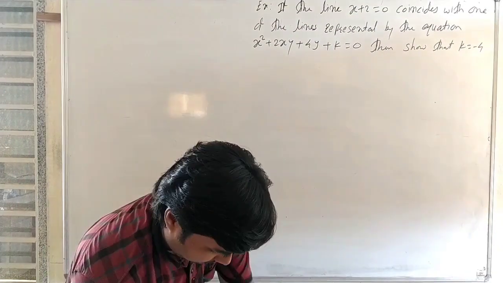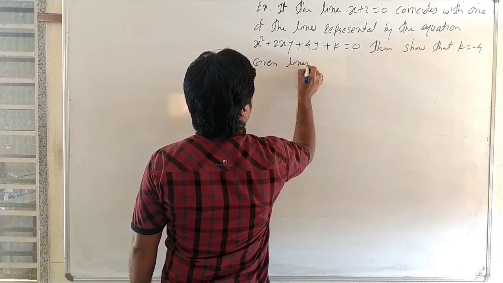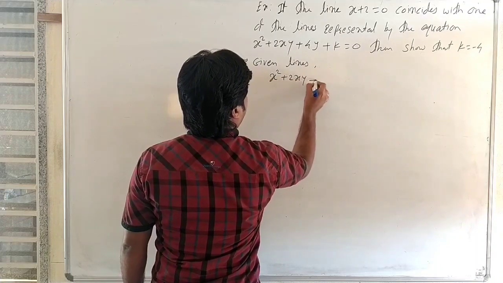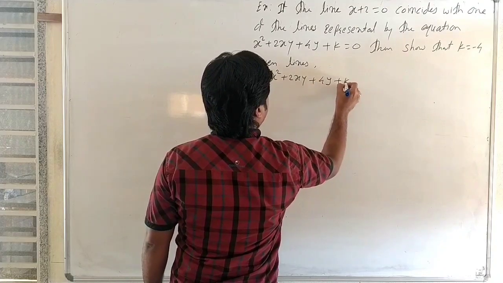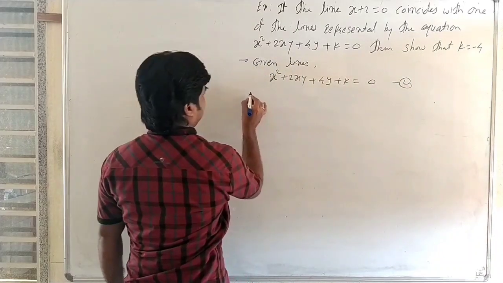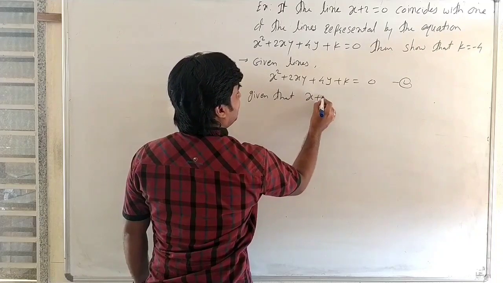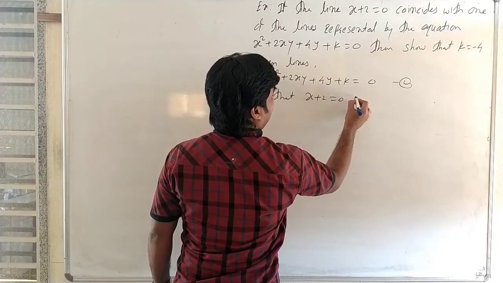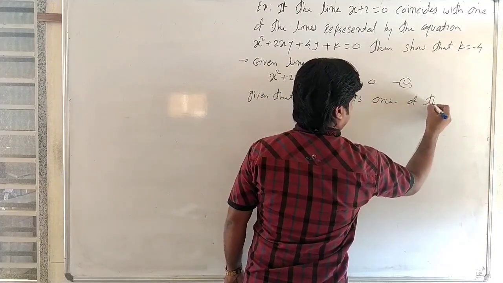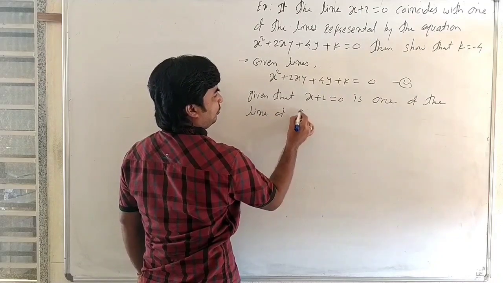Now here given line x square plus 2xy plus 4y square plus k equal to 0. Here given that x plus 2 equal to 0 is one of the lines.